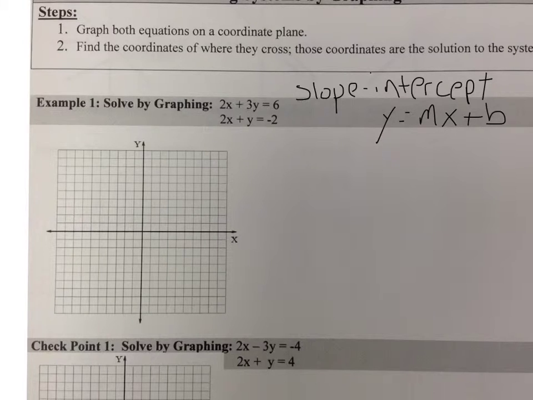Again, b is the y-intercept, so I'll call it y-int, short for intercept. M is the slope.